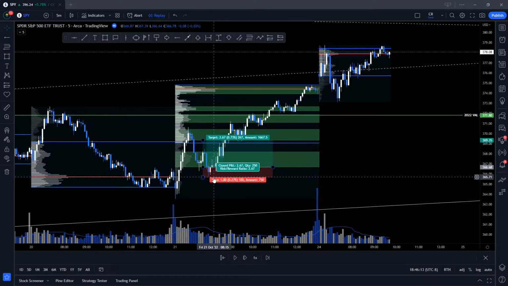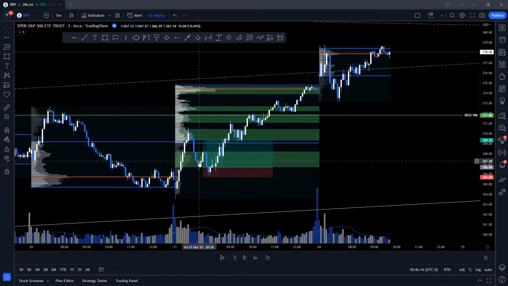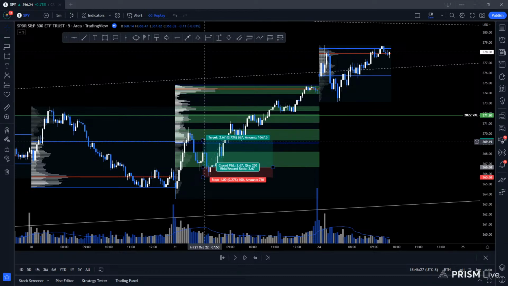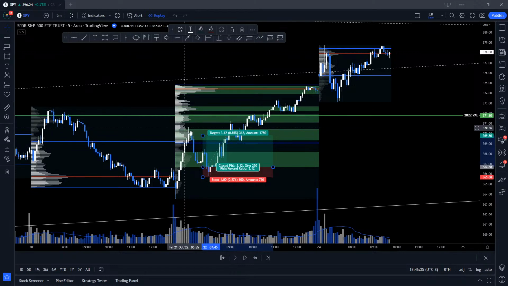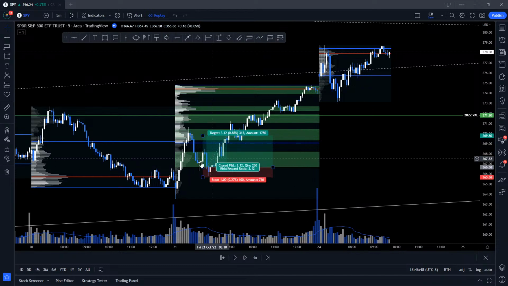Technically, if I'm entering a trade here, once we visited this area and come back down to it, my price target should be somewhere close to the high of this. I'm not looking for it to go all the way, but it's probably going to retrace pretty close to the high. So I can enter long here at the far side of this volume shelf and play it to the upside. Of course, that's not always going to work out in your favor, but in this instance, it did.